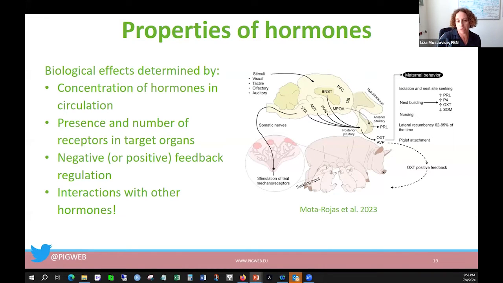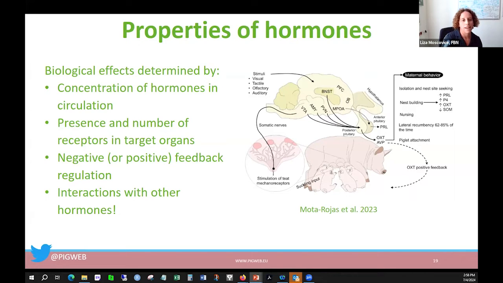And from the posterior pituitary, the oxytocin concentrations increase in the circulation. And this also facilitates more maternal behavior, like nursing behavior, which then has a positive feedback and releases more oxytocin.